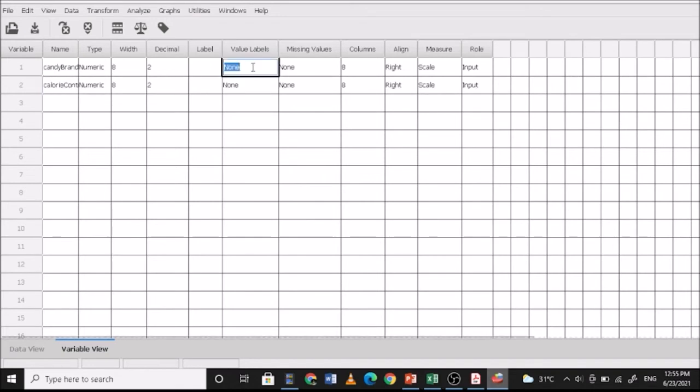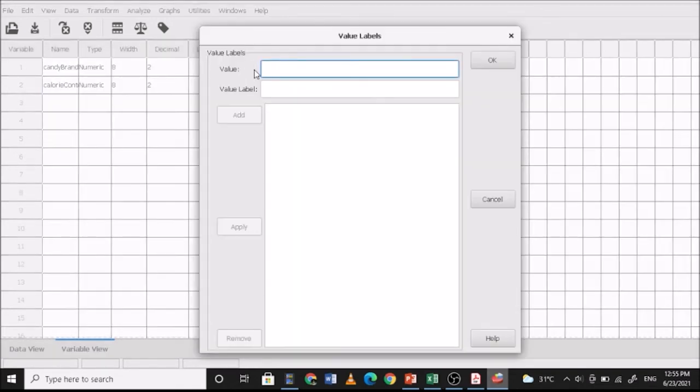For the labels, you have 1 for M&M's, 2 for Kit Kat, and 3 for Milky Way.